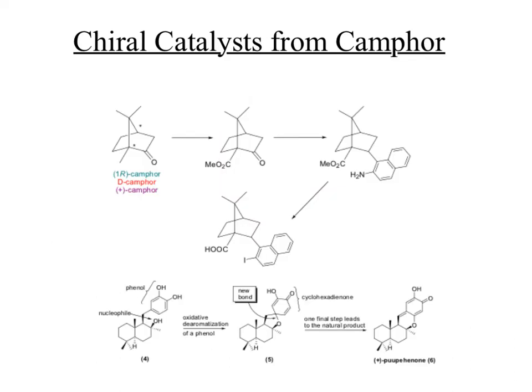Another cool application, I think Professor Beckman used some of these catalysts when he was in graduate school, is that because these things have chiral centers, they have R and S characteristics. Chemists, biologists and biochemists can take these and use that chirality to their advantage, and use it to help make new chiral centers.